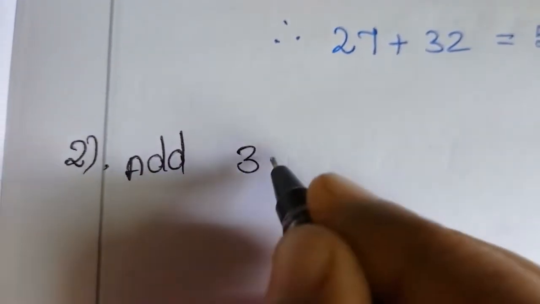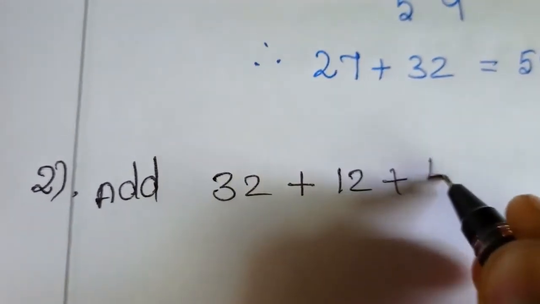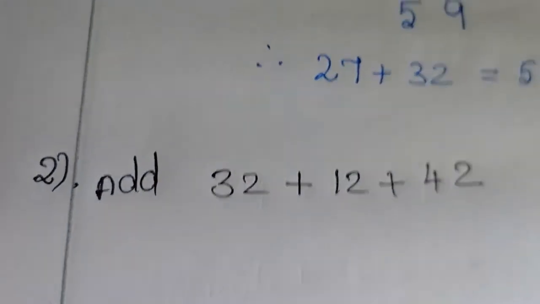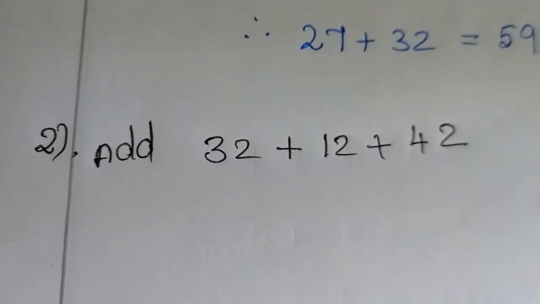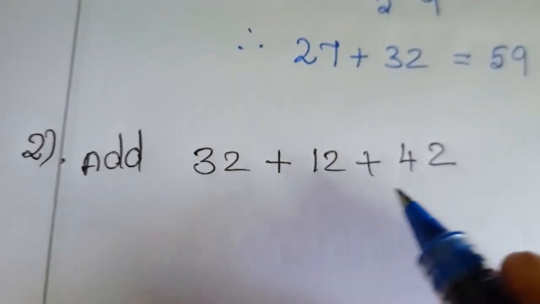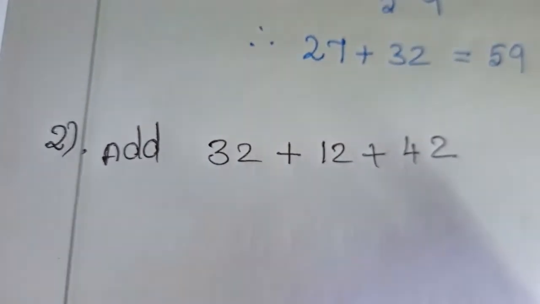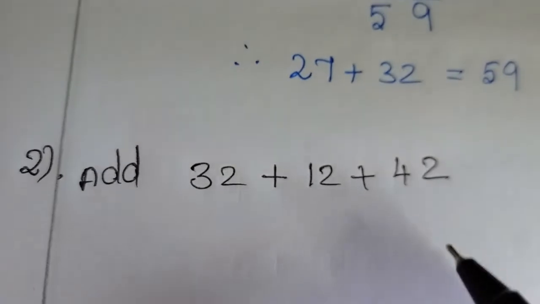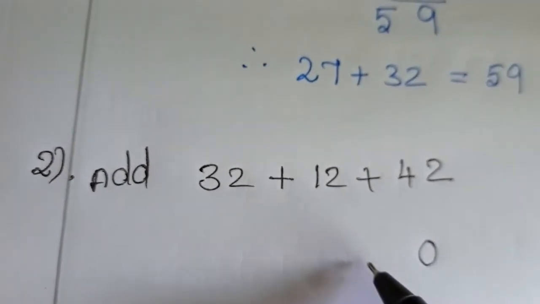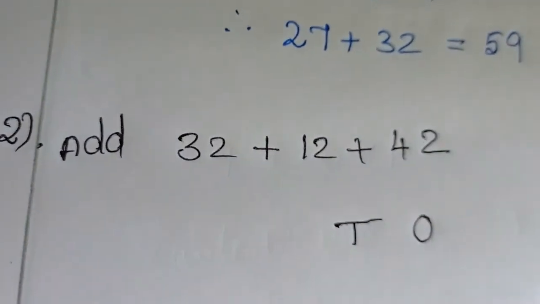32 plus 12 plus 42. Okay children, all of them are two-digit numbers, and each has two values. Which values? They are ones and tens. So first write 32.